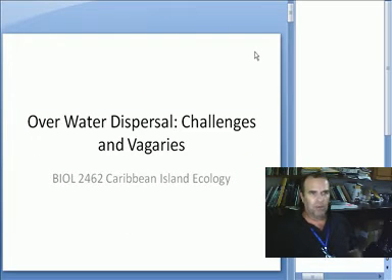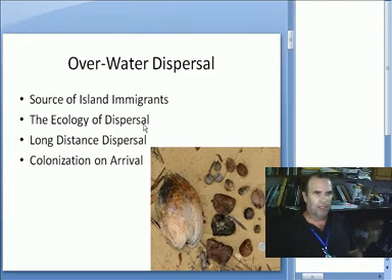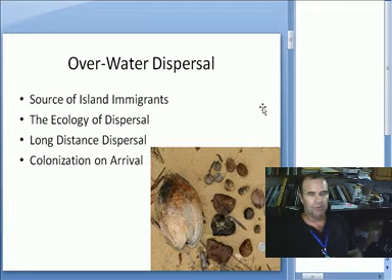So we are talking in this lecture today about overwater dispersal, because for many islands of the Eastern Caribbean, the only way that plants and animals can get to those islands is over water, over the oceans which surround them.